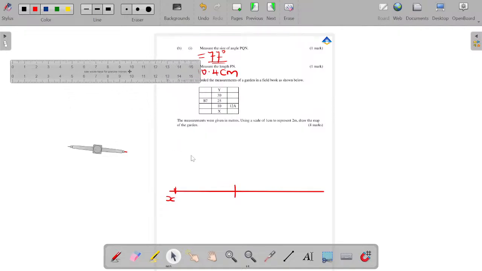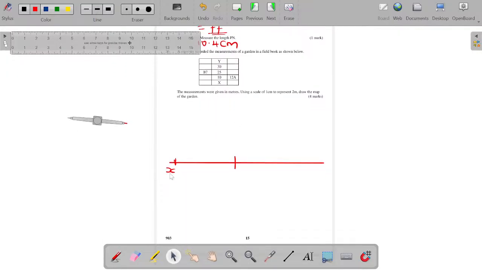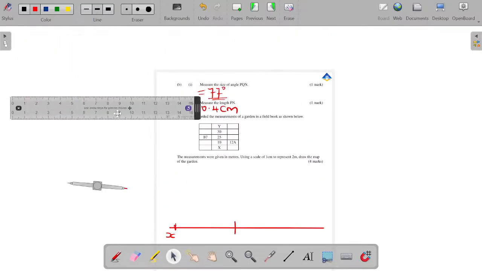From there someone can move 12 up or down. So let me measure again 6 centimeters, because 12 meters can be represented by 6 centimeters like that.